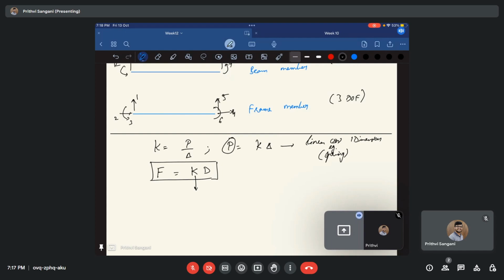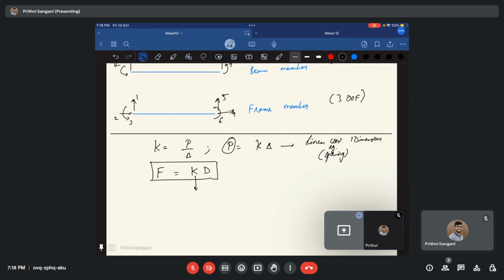So for this, in order to generate a stiffness matrix, we always assume the beam is a fixed beam. If you remember, we do the same thing when developing the slope deflection equations.